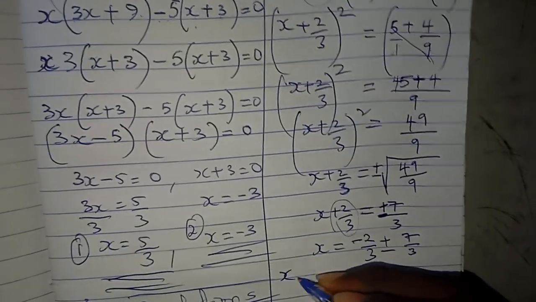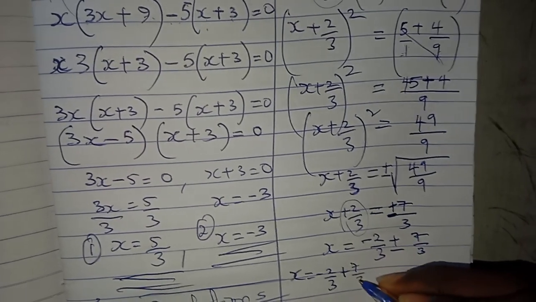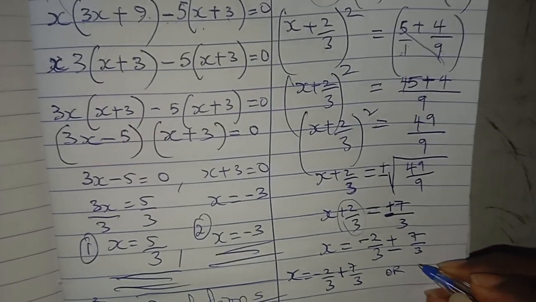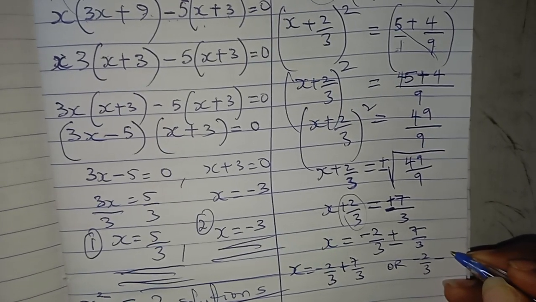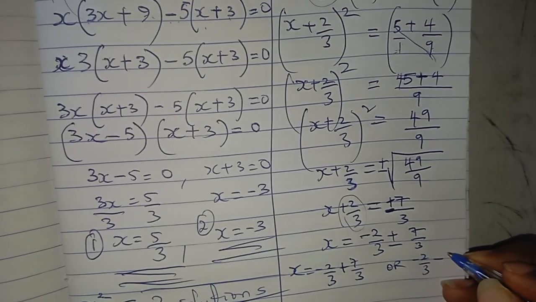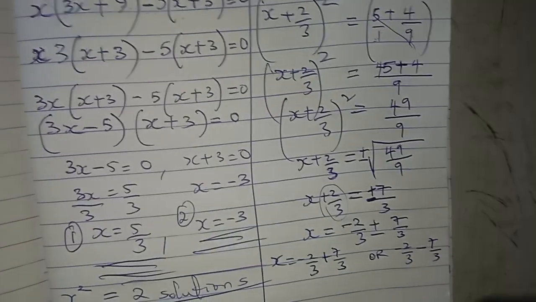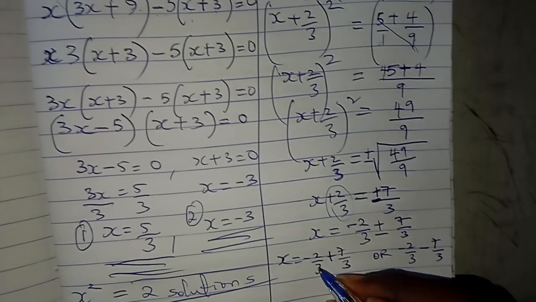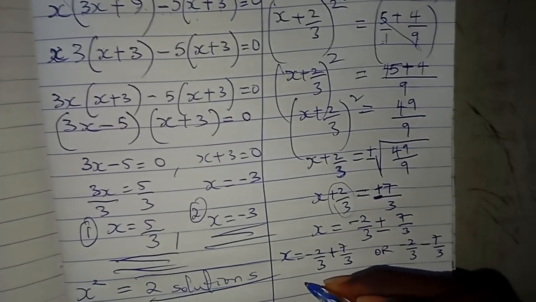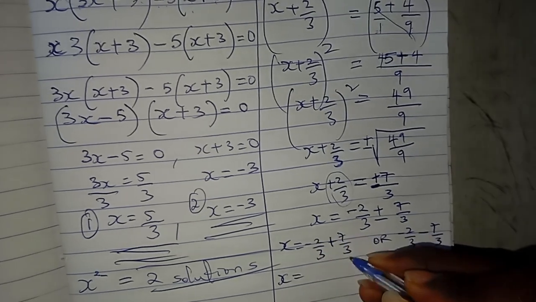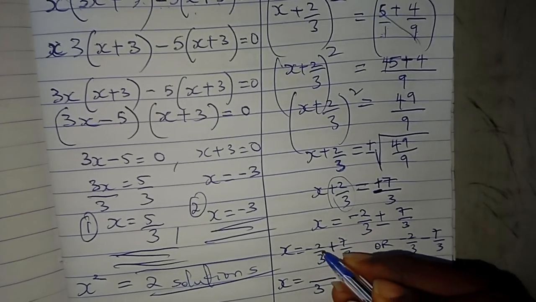So this is the same thing as saying x is equal to minus 2 over 3 plus 7 over 3, or minus 2 over 3 minus 7 over 3. Okay, let's do this one. Everything here is over 3, since the LCM is the same, we just have 3. So let's do this.